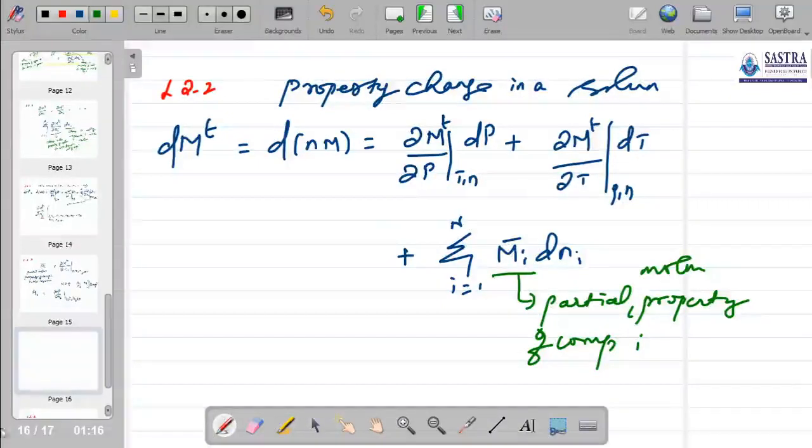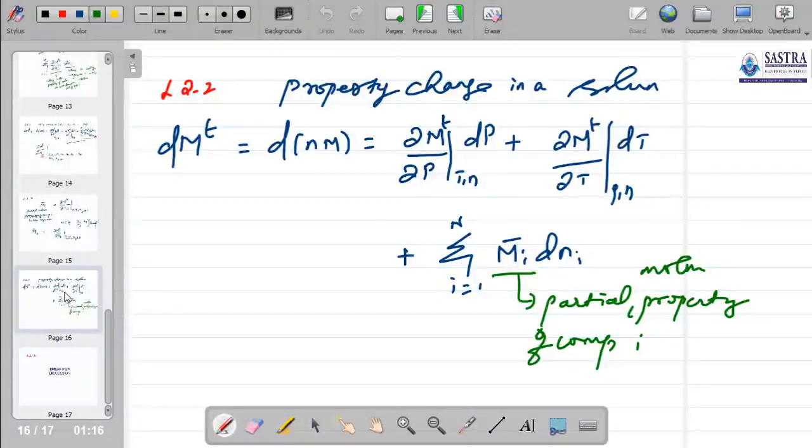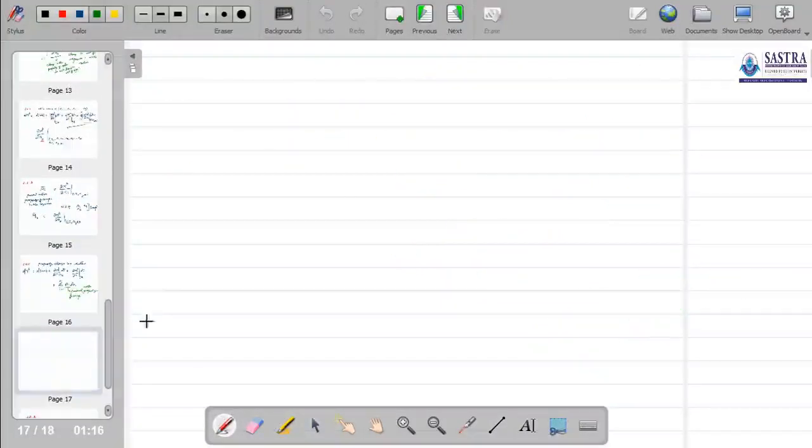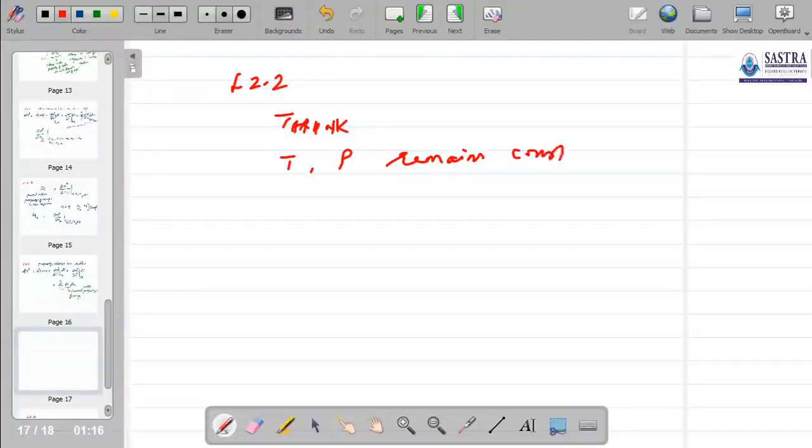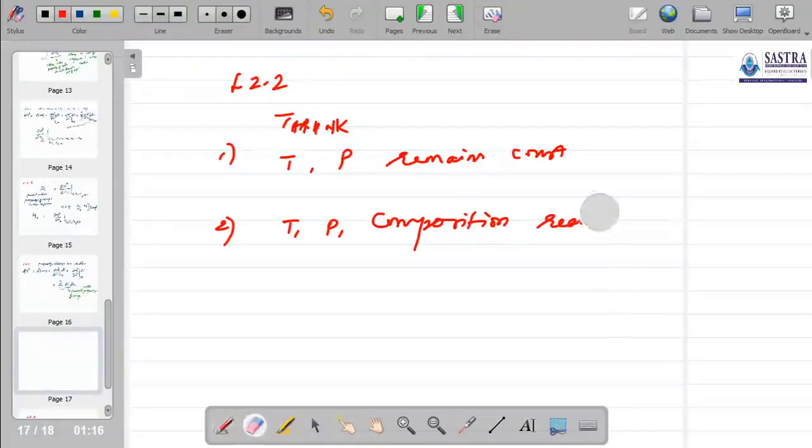Now we will break here for a discussion, but before I do, I would want you to think about what happens if T and P remain constant in a system. Or rather, if T, P and composition also remain constant in a system, what will happen?